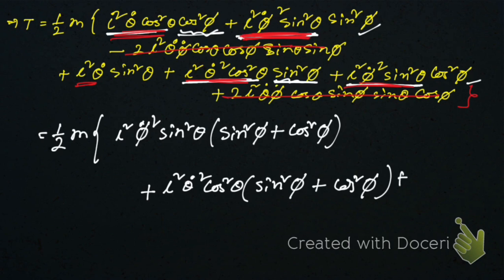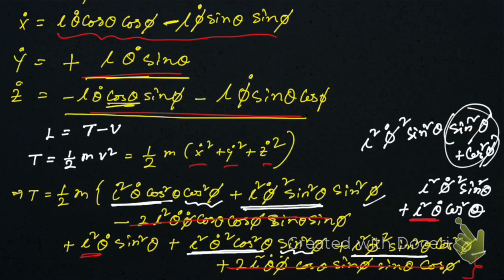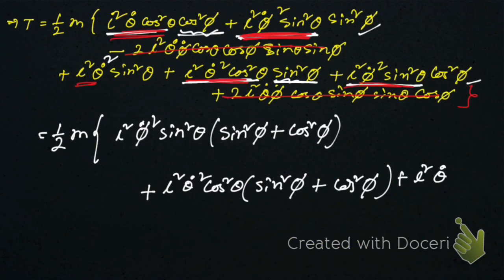Then plus L square theta dot, there should be a square, I think. Yes, it should have been square, sin square theta, right? So this 2 becomes 1. So let me close the bracket.